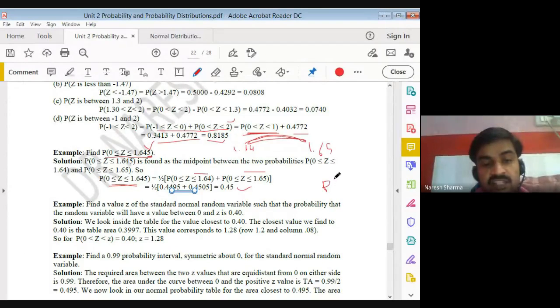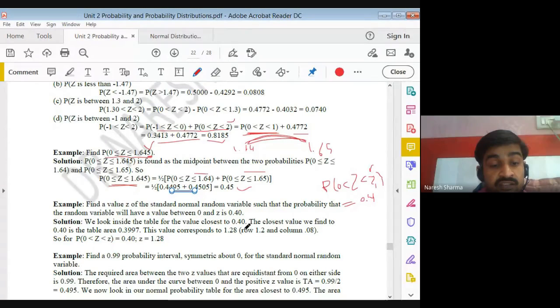So another thing which can be possible here, if the probability is given, like in a coming example, if you see here, it is 0 to less than z, and some small value, suppose z or z1 we may say, right? So the probability is given. Suppose if the probability is given, we need to calculate z1. So at what point this probability lies.